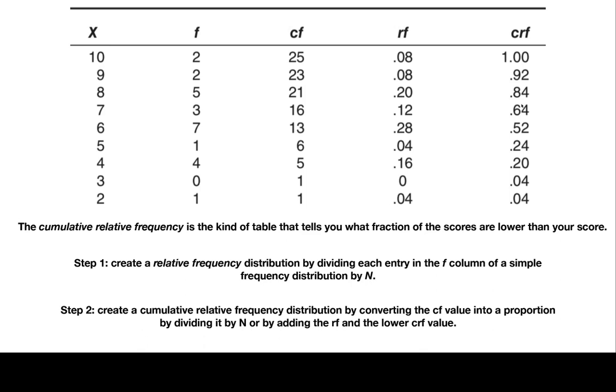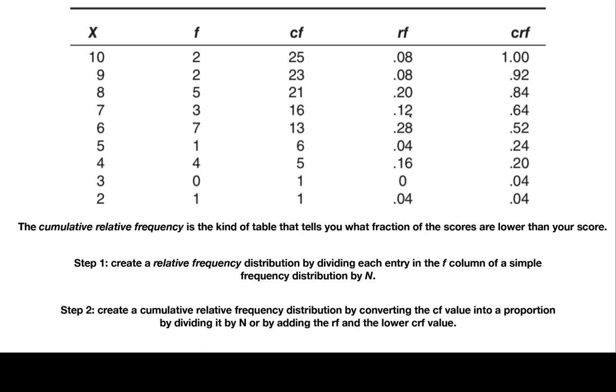Now another way to get the CRF value is to add the relative frequency value plus the lower CRF value. So let's take, for example, raw score 7. We know for a fact that the CF value of 7 is 16 and the RF value is 0.12.